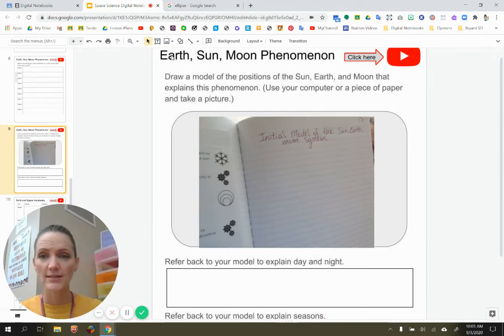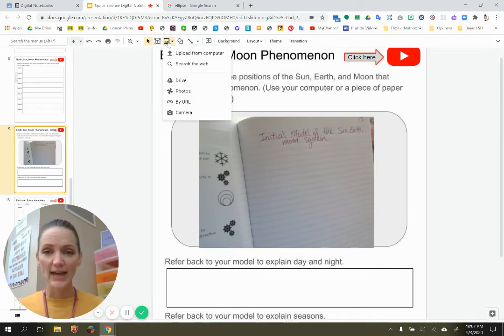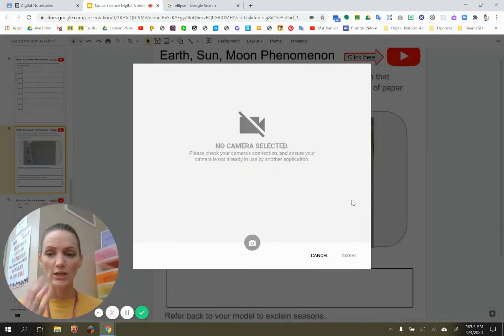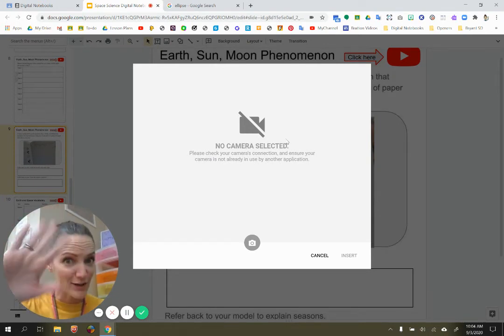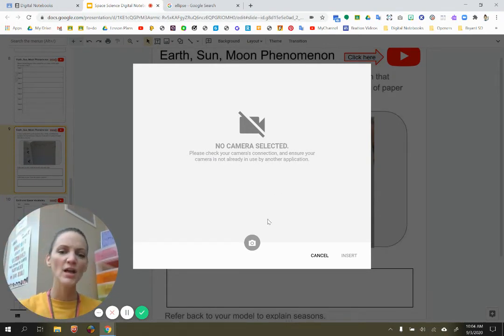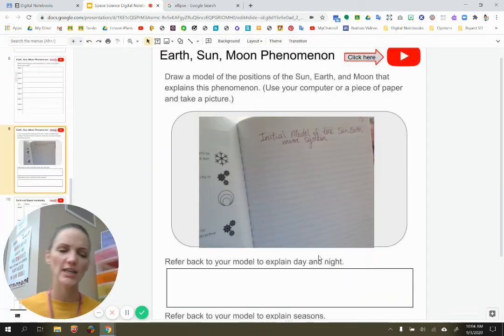Another option is up here, this little square. Do you see it looks like mountains in a square? That means insert image. If you click that and you click camera, it will open a little window and let you take a picture. It's not letting me do it now because right now my camera is making a video for you, but it'll pop up a camera and you can take a picture that way and it will immediately insert it into your slide.